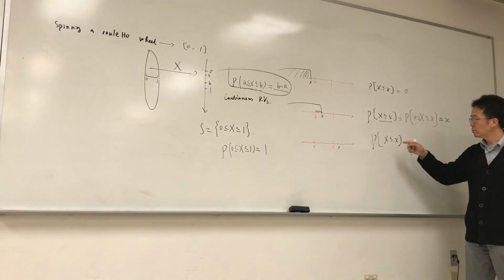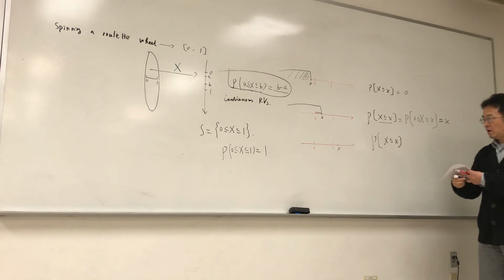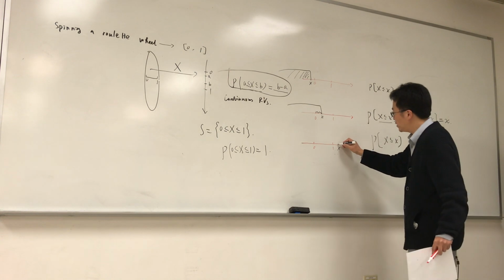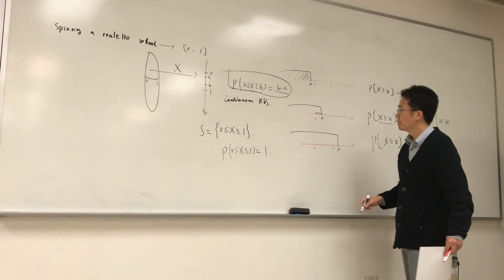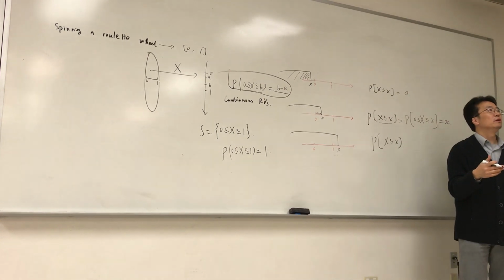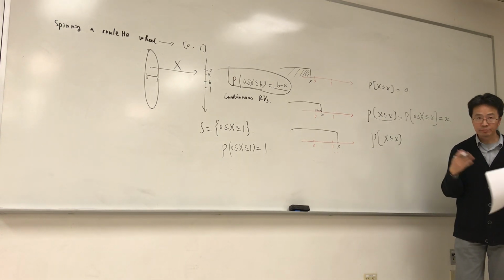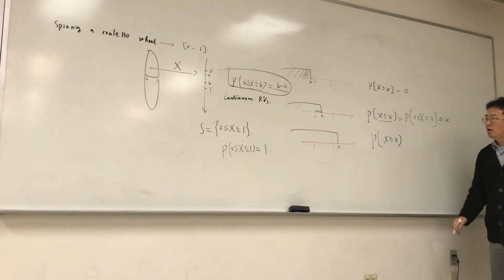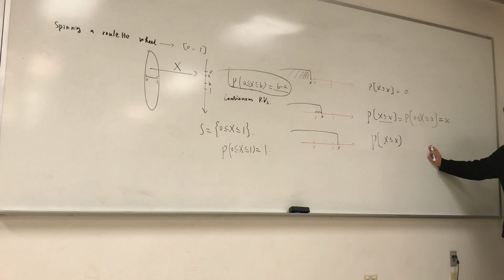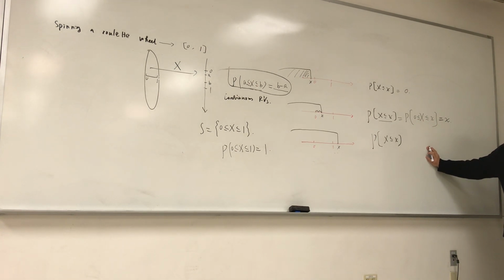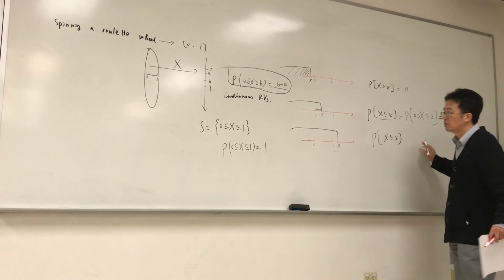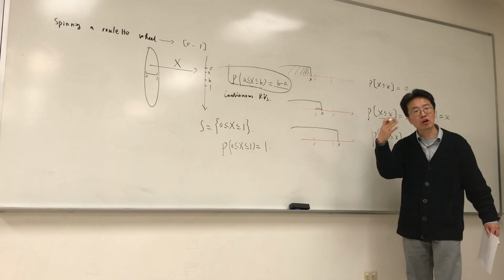Case number 3. And the event is this one, right? Again, we have to determine the intersection between this event and the sample space. What's the result of this intersection?